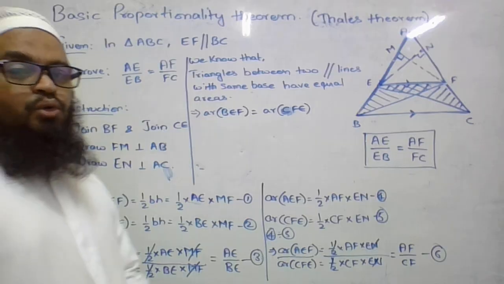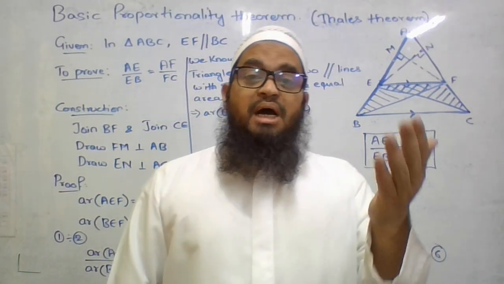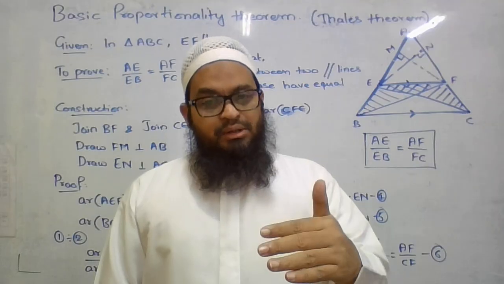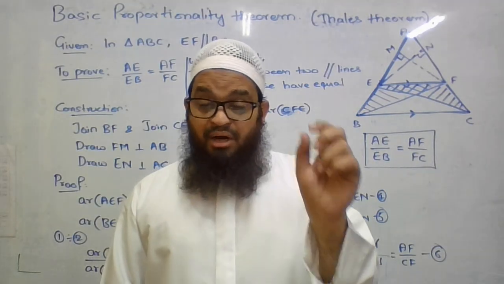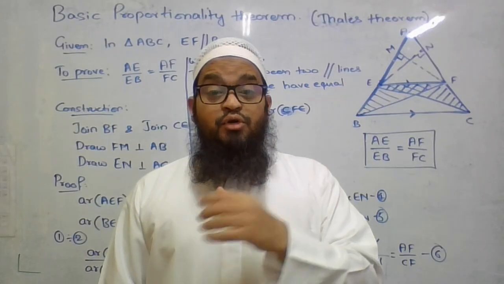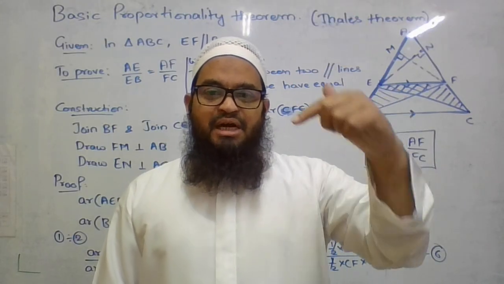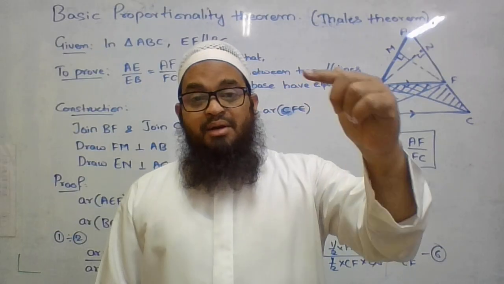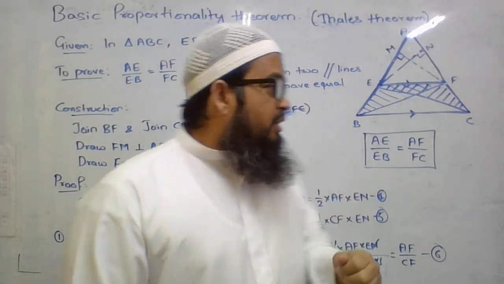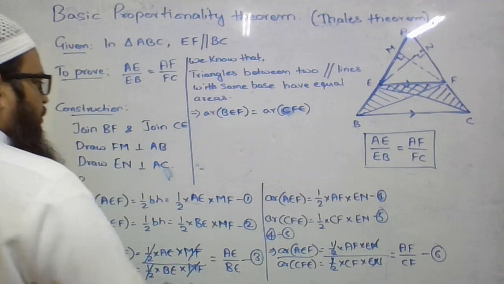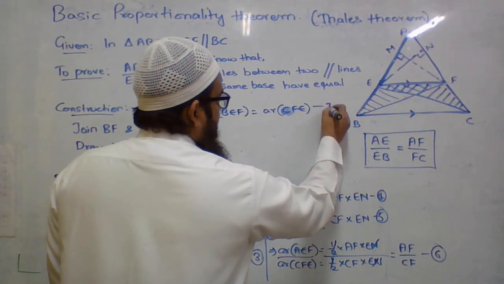Now, in Euclid's geometry, we have studied that if equals are divided by equals, the remainders are equal. Don't get confused by the word remainders here. It means the answer is equal. So let us write it as the seventh equation.